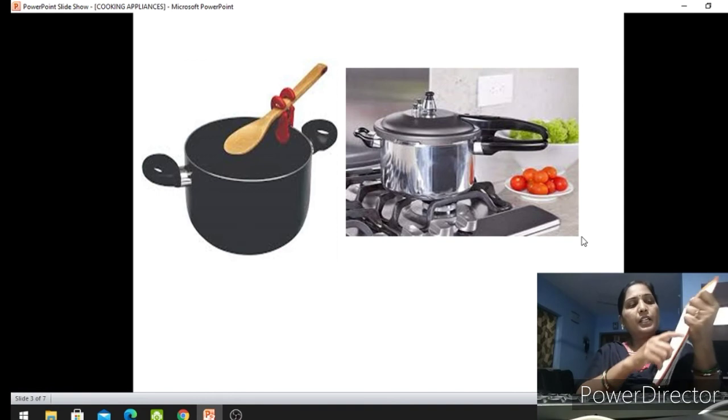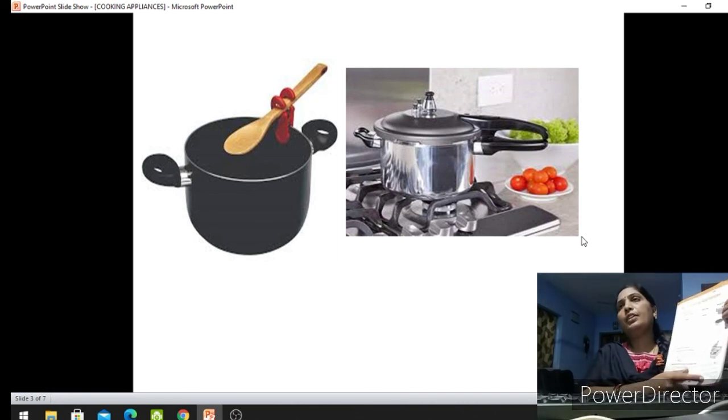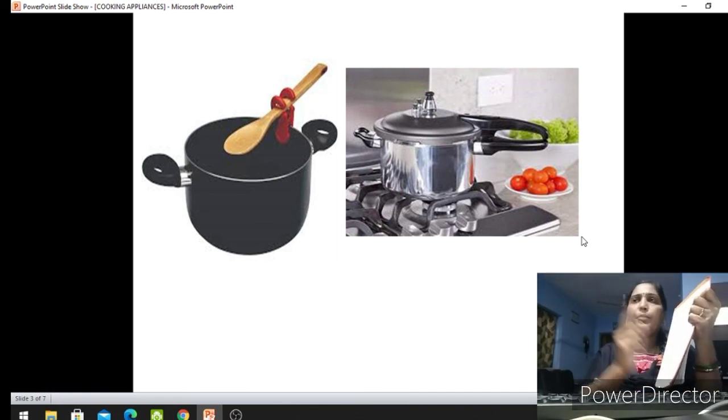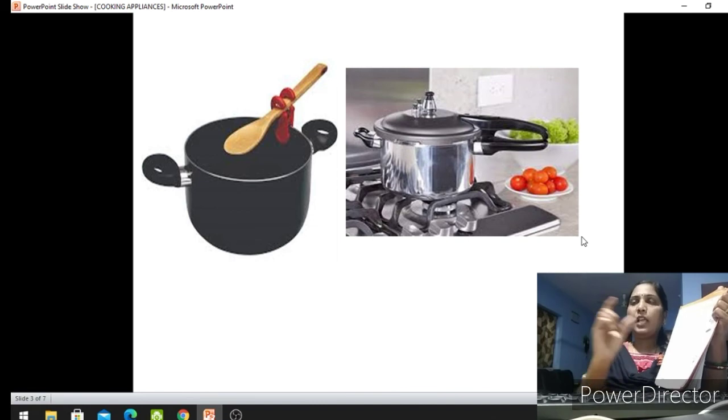Page number 27. Here different pictures of utensils are given. You need to identify them from your understanding. Till now, along with the pictures, I explained each and every utensil that is used.